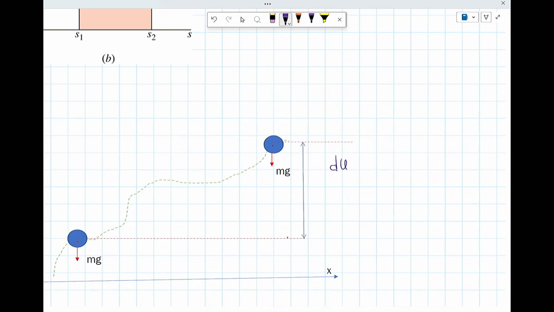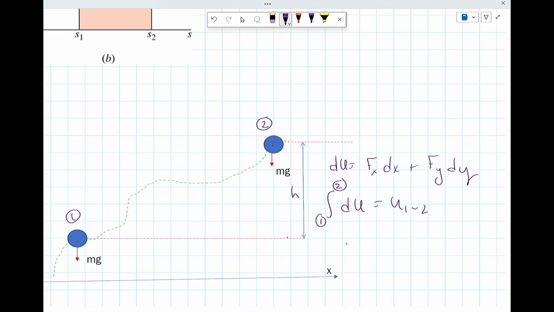So dU is equal to fx dx plus fy dy, integral from position 1 to position 2. Let's just call that 1 to 2, and this is h. dU, U 1 to 2, equals the integral from 1 to 2 of fx dx plus the integral 1 to 2 of fy dy.